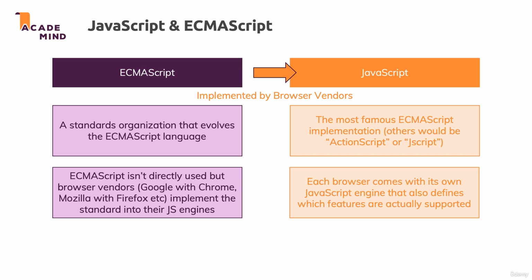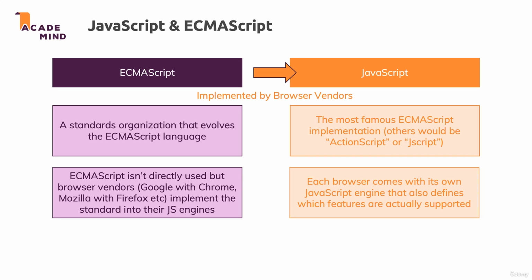And actually browsers also sometimes implement certain features at an earlier point of time than they're really finalized in ECMAScript. So whilst discussions might still be going on over final implementation details, browser vendors could already go ahead and implement a certain feature in their engine already, so that you can already use next generation JavaScript code earlier in one browser than in the other.